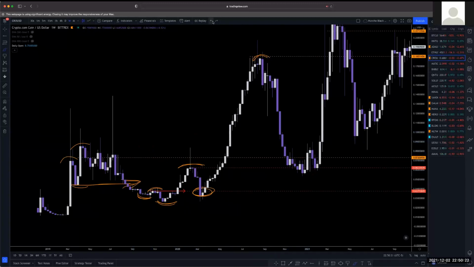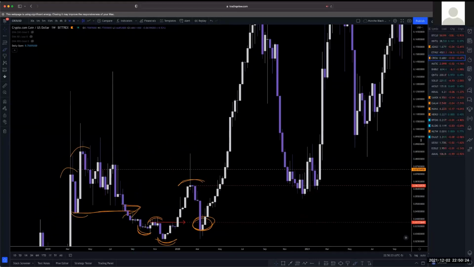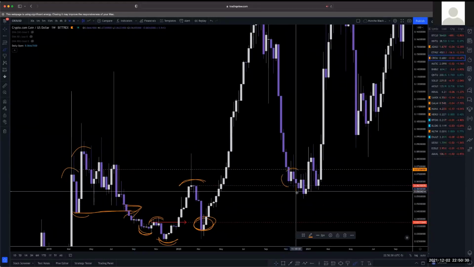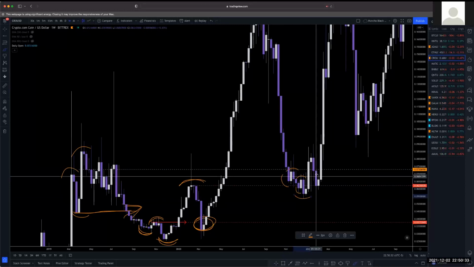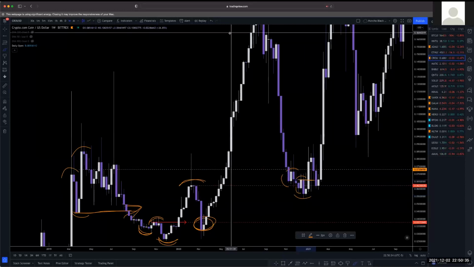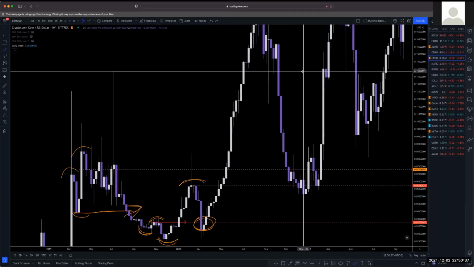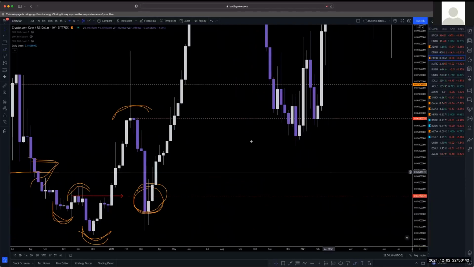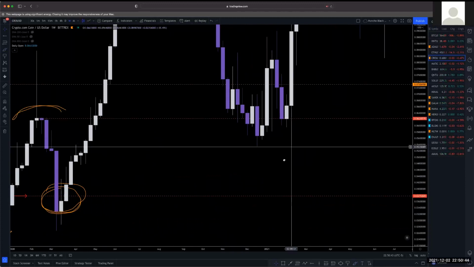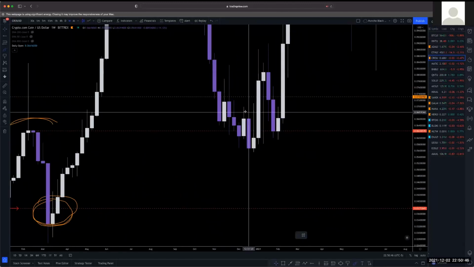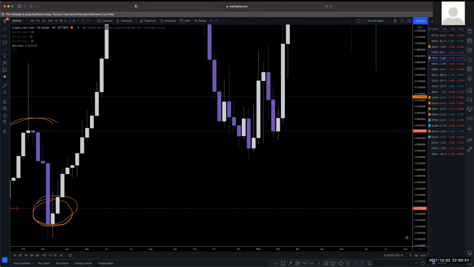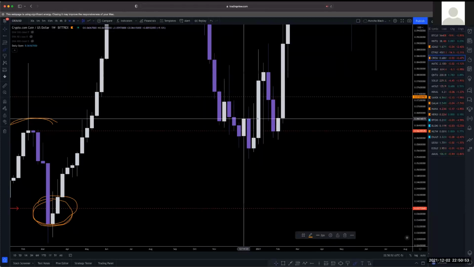Because of that, we were able to then create a lower low, a lower high, a lower low, a lower high, a lower low, and then we broke structure on the daily to the upside once more. So check it out. We come back, test our support and resistance level, and then break structure right here once more. So we're going to go ahead and drop an arrow right there.